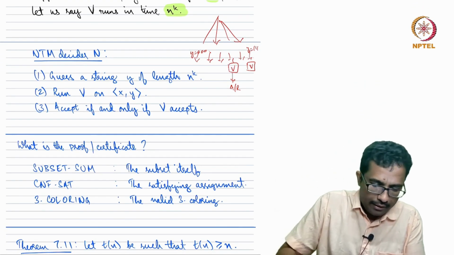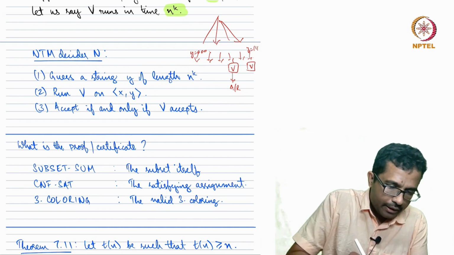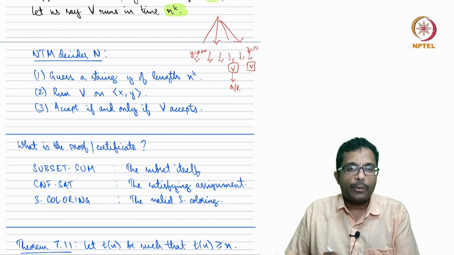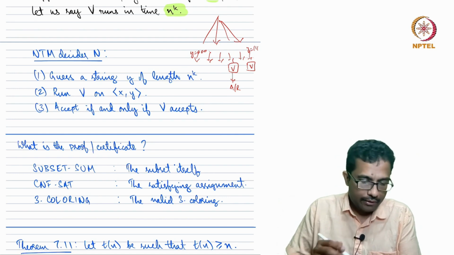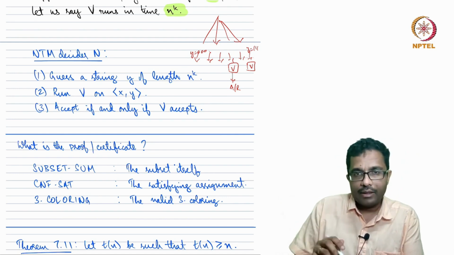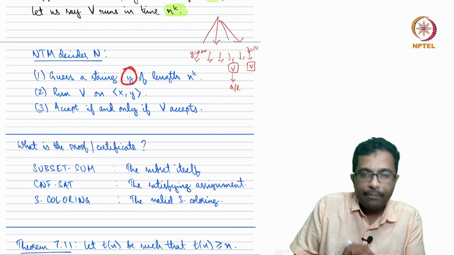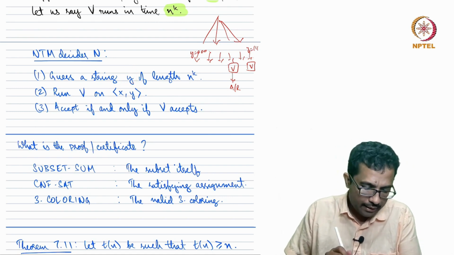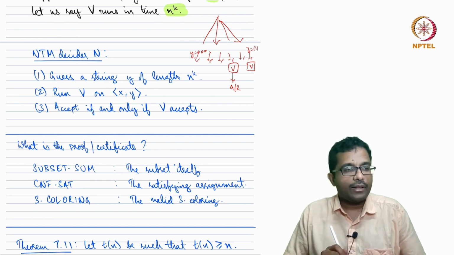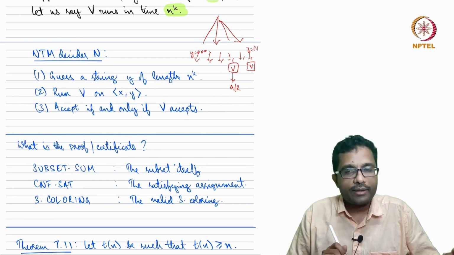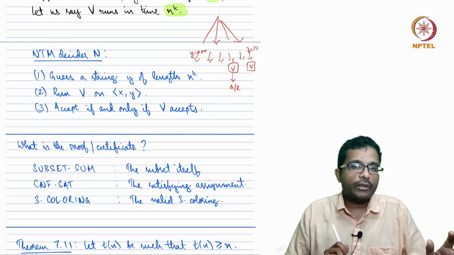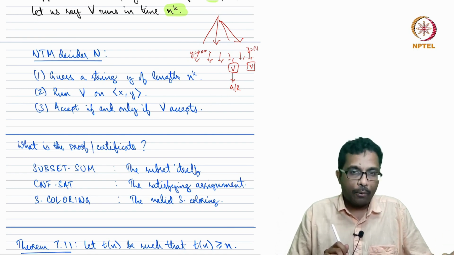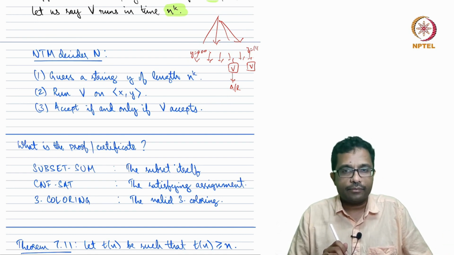Now just to recap, what is the proof or certificate or witness? The string y is the proof, or the certificate, or the witness. And in different problems, what was it? In the case of subset sum, the subset that adds up to the target sum t was the proof. In the case of three coloring, the proper three coloring was the proof.